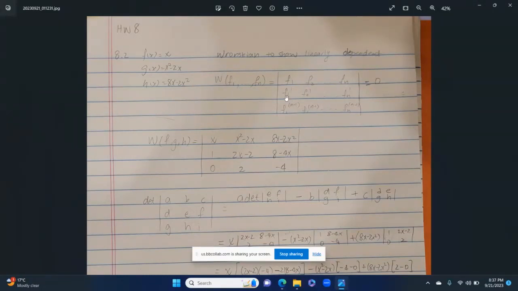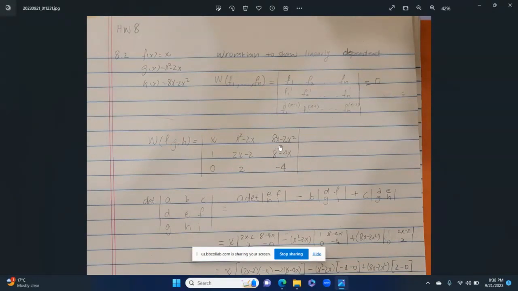And again, putting into the Wronskian format, which is very similar to the 2 by 2, except instead of taking one derivative, you have to take a derivative again, which is right here. So f, f prime, up to the derivative of n minus 1. So here the derivative of x is 1, take the derivative again, 0, you do the same thing for g of x as well as h of x.